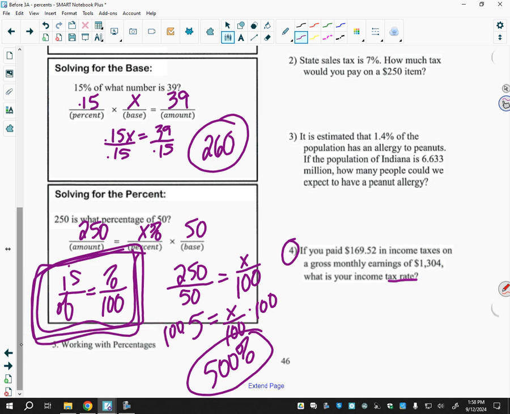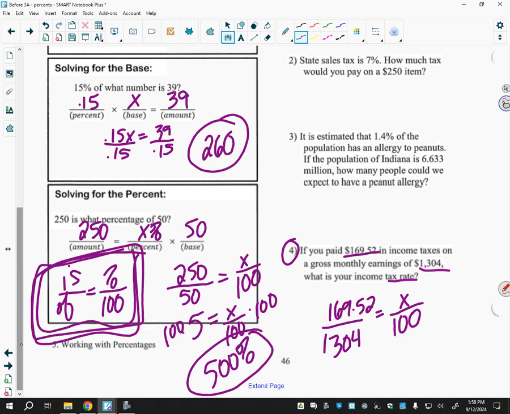But is over of: is is the part and of is the whole. So your whole amount is the bottom of your fraction. The is is the portion that you paid. And then we can say of 100. Because if you flip that over, then you paid more money than you made, right?